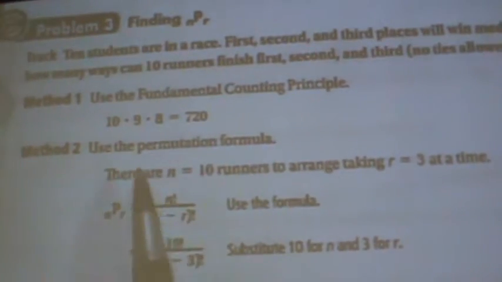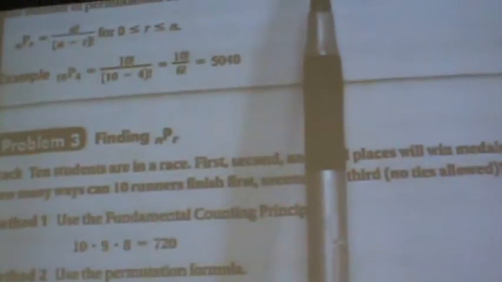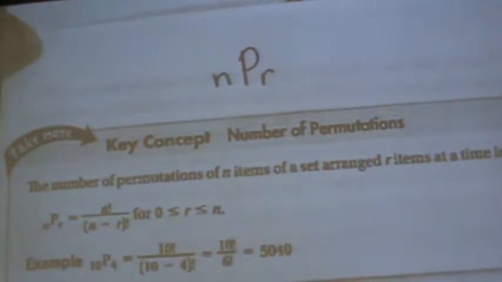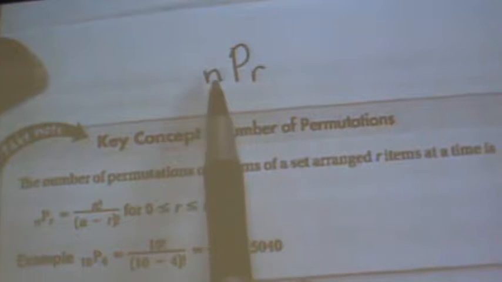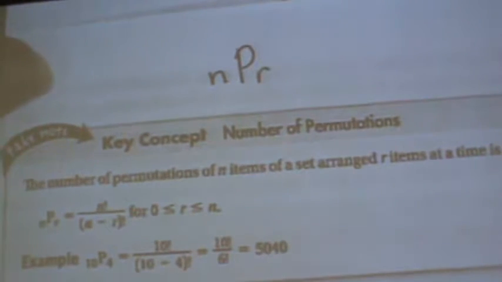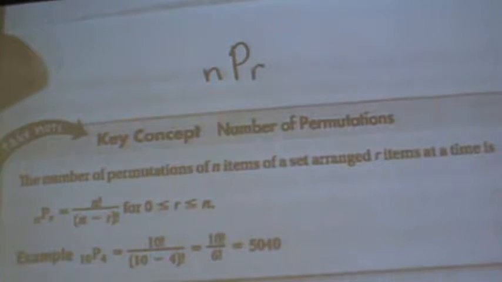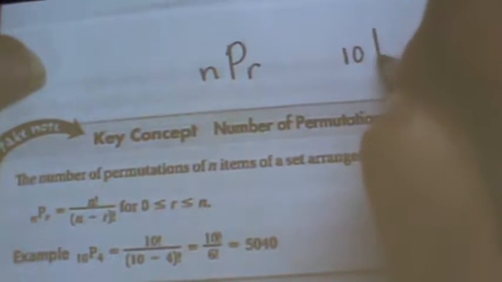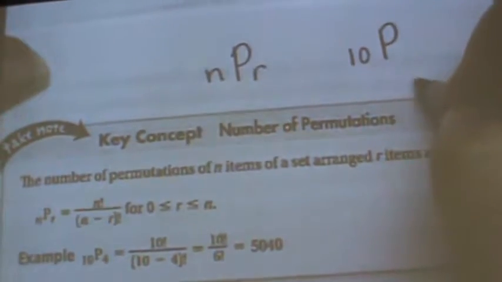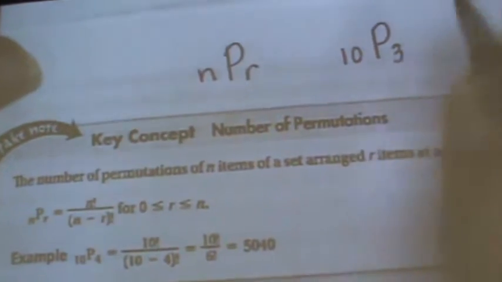So this is gonna be a permutation problem where order matters. Permutation looks like this. You're gonna have nPr. N is the number of people that are in this race, so you're gonna write 10 P, and then R, we have 3 places that matter. Take it 3 at a time.